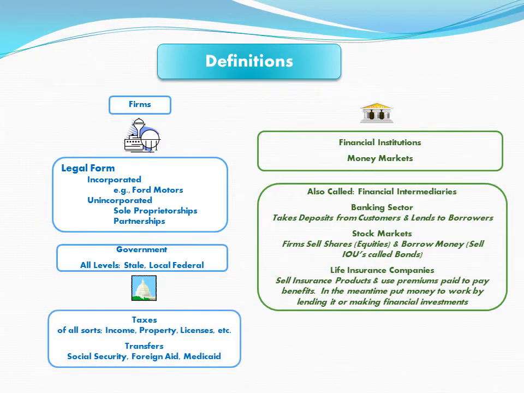I have firms. So firms produce everything, but just to remind us, they have different legal forms. They can be incorporated. It could be a corporation like Ford Motors, which sells shares so that we could be a partial owner of the company. And we have unincorporated legal forms of business.